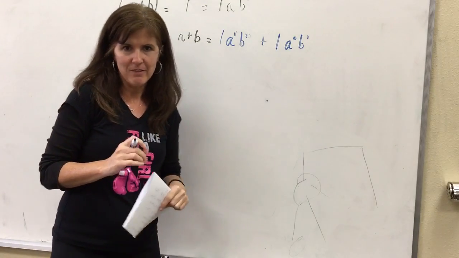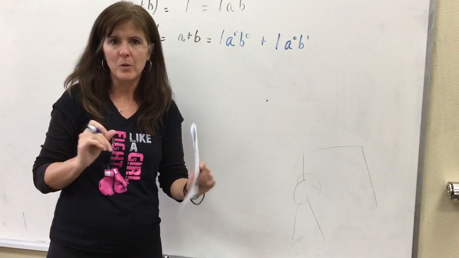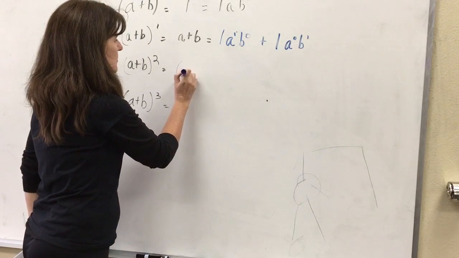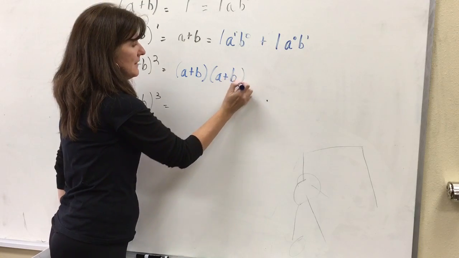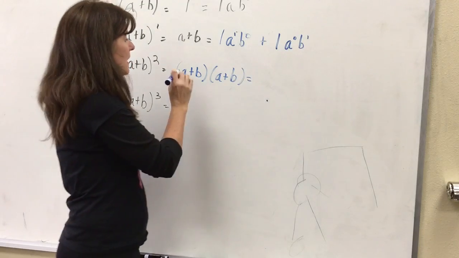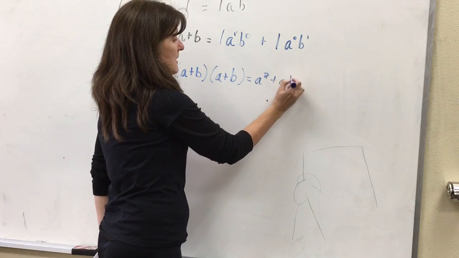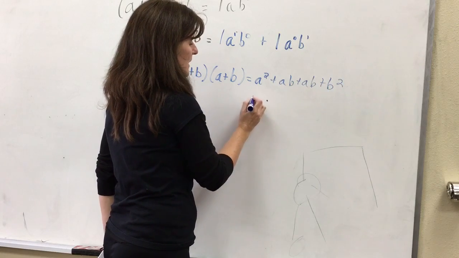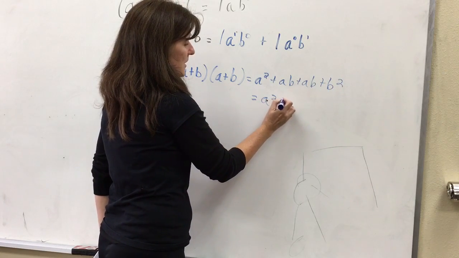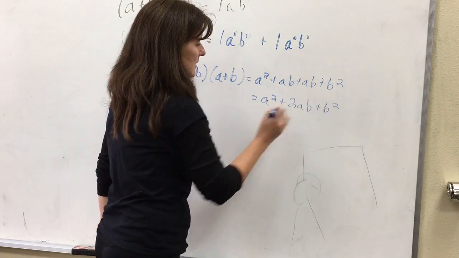Okay, it's going to get a little more difficult. A plus B squared. Remember, when we square a binomial, we have to FOIL it out. So we're going to do A plus B times A plus B. And I'm sure you remember, we want to do A squared plus AB plus AB plus B squared, and that equals A squared plus 2AB plus B squared.